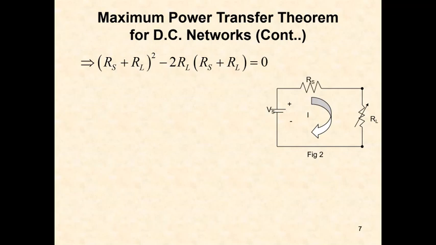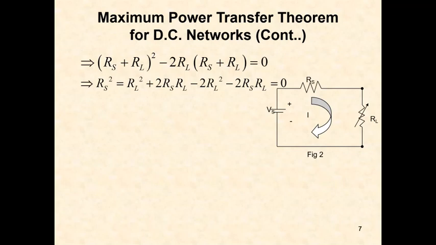We are equating it with 0, so the denominator goes away and the numerator becomes (Rs plus RL) minus 2RL into (Rs plus RL) is equal to 0. From this, Rs square plus RL square plus 2RsRL minus 2RL square minus 2RsRL is equal to 0. 2RsRL is cancelled, and RL square minus 2RL square is minus RL square.